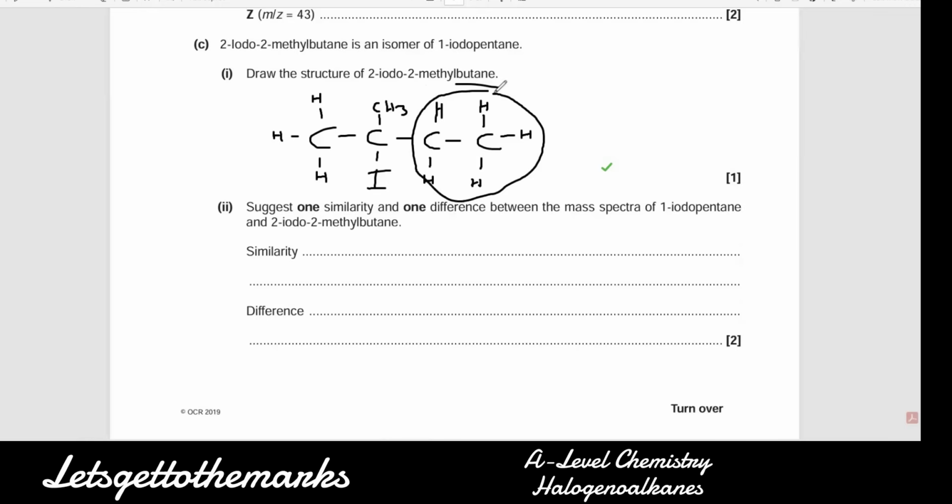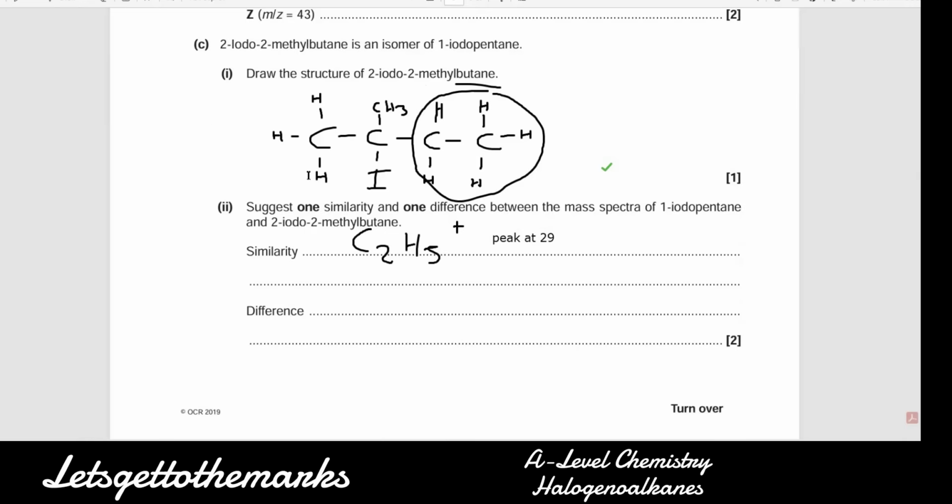They had a methyl and ethyl. So I can just say similarity C2H5 plus. So I can say there's going to be a peak at, what is that? Ethyl. So that's 29. Peak at 29. They both form a C2H5 plus ion. So a peak at 29.